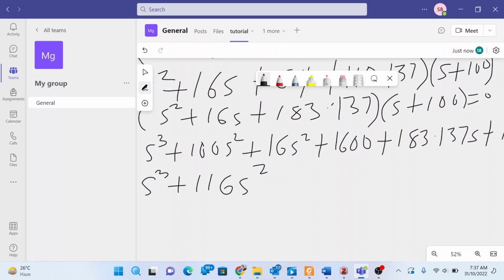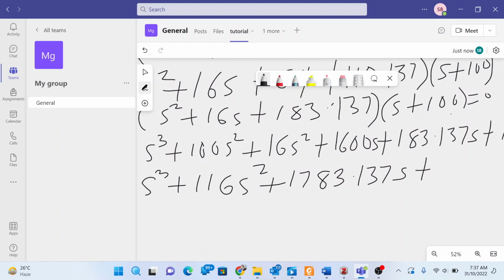Then 16S times 100 gives us 1600S, plus 183.137S, and when we add those together we get 1783.137S.